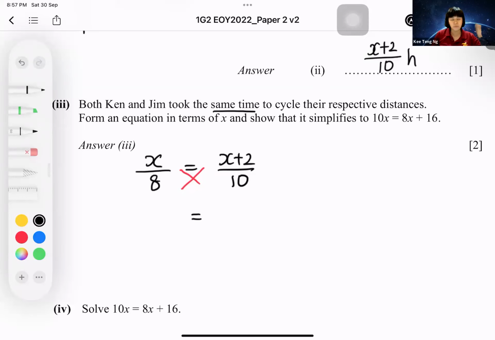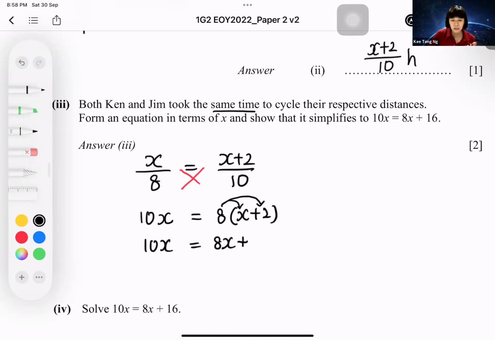So 10 times x, 10x. 8 multiplies to the whole of this, 8 multiplies to x and also to the 2. So it's 10x equals 8x plus 8 times 2, which is 16. Is this the same as what they want me to show? Yes, so this is shown.